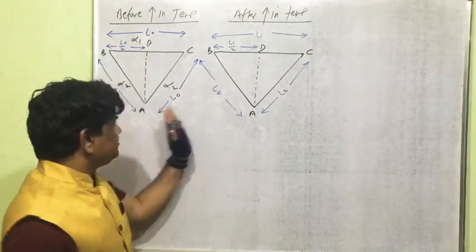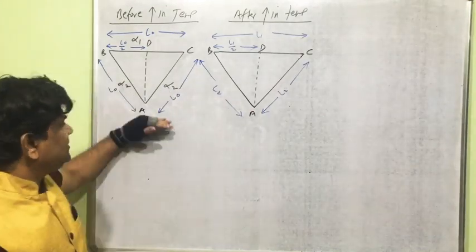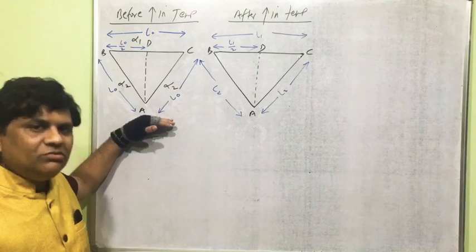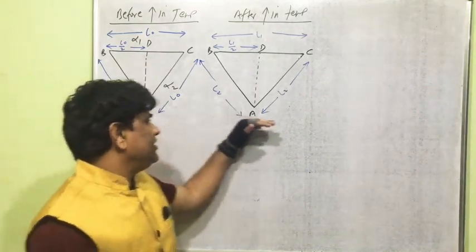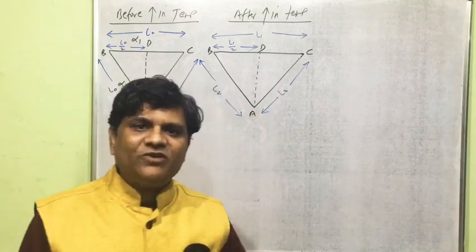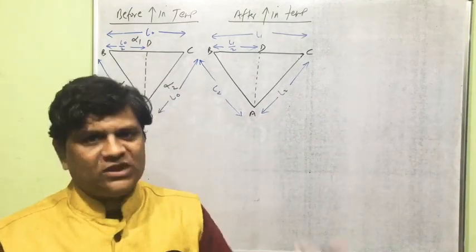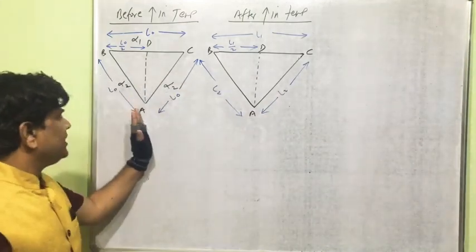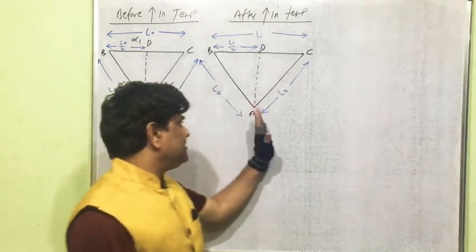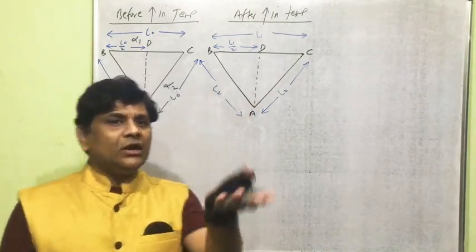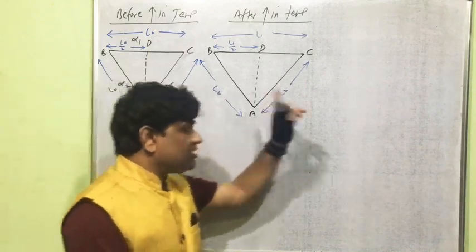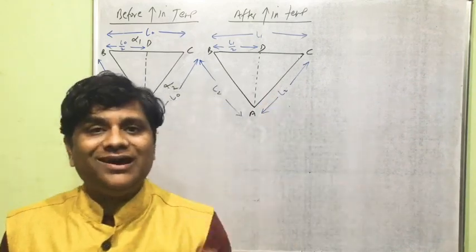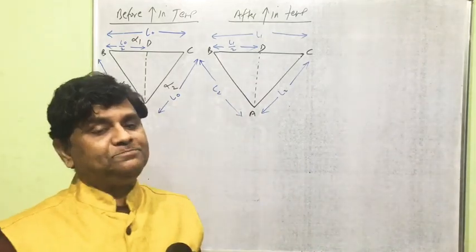Now what is the difference between these two diagrams? Initially it is a diagram of an equilateral triangle. Finally it will become a diagram of an isosceles triangle. Before rise in temperature it will be an equilateral triangle, after rise in temperature it will become an isosceles triangle.